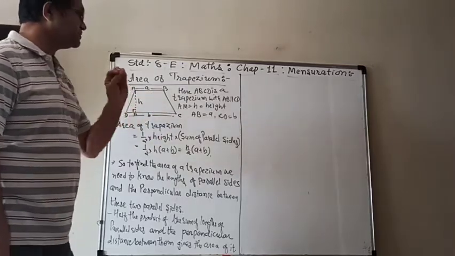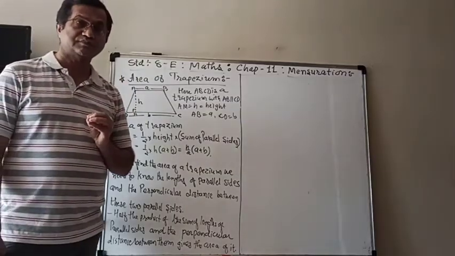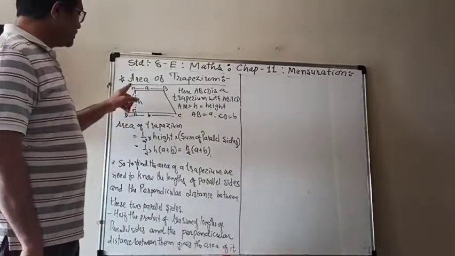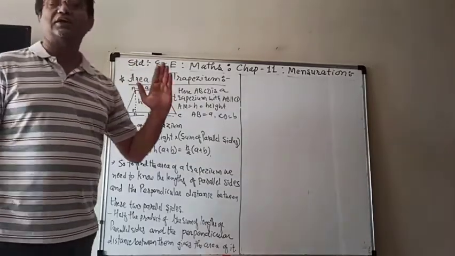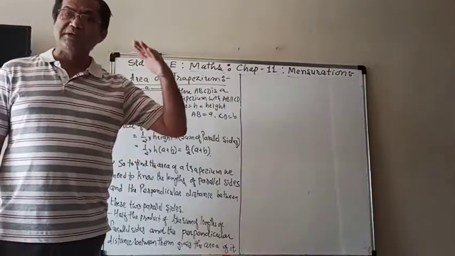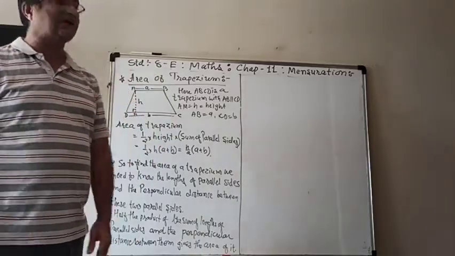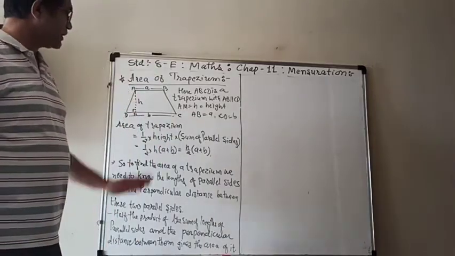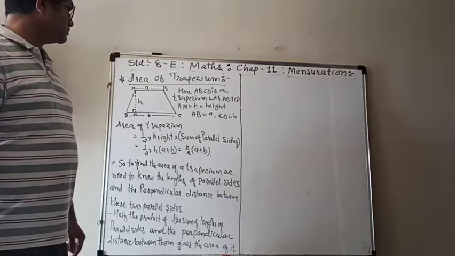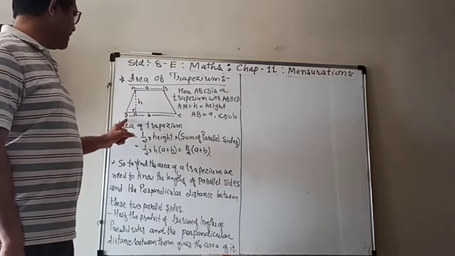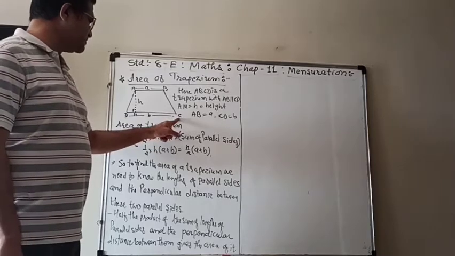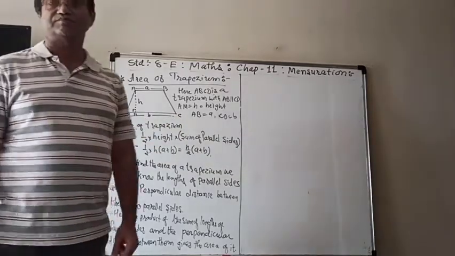So it is a trapezium. Now here AM is the perpendicular distance between these two parallel lines. And the length of the side AB is a and the length of the side CD is b.